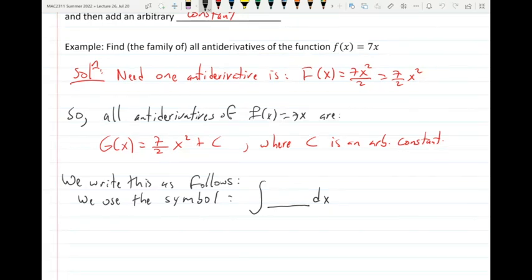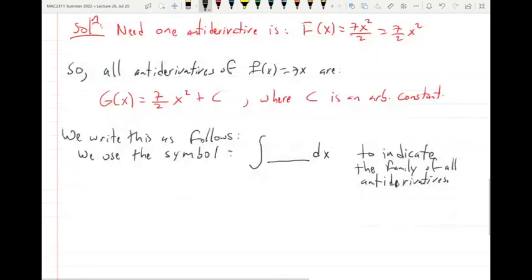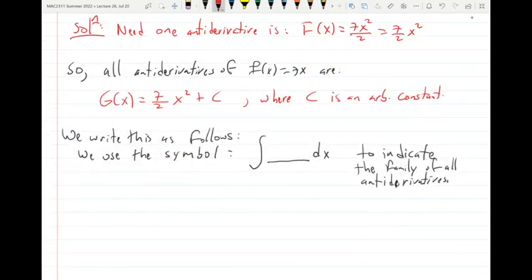So we are going to use this symbol to indicate the family of all antiderivatives. Now, of course, you want to know the family of all antiderivatives of what? So what we write here is a function.